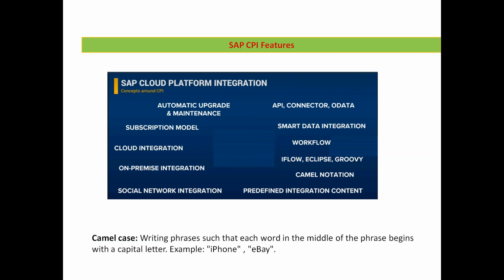Yeah. SAP at api.sap.com has provided lots of APIs which are relevant for Ariba, SuccessFactors, Fieldglass, and Concur. So all you need to do is use the API management in CPI.